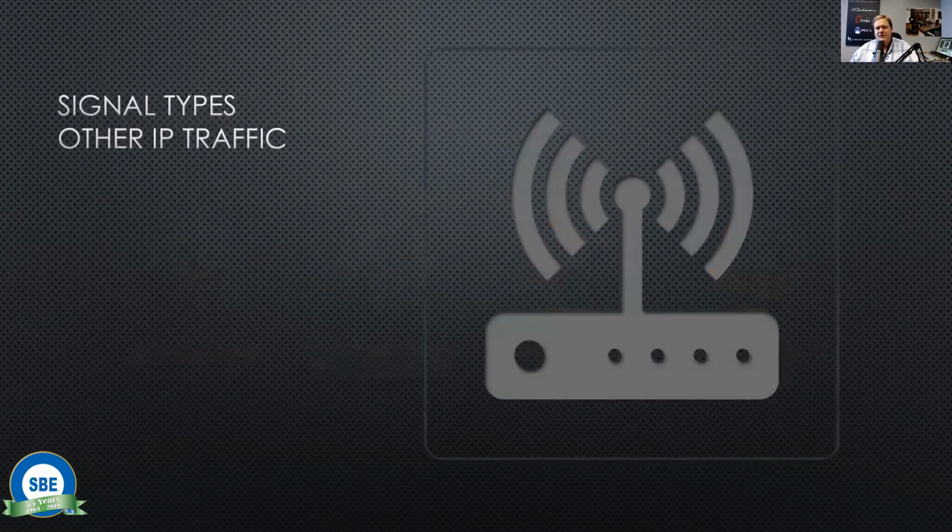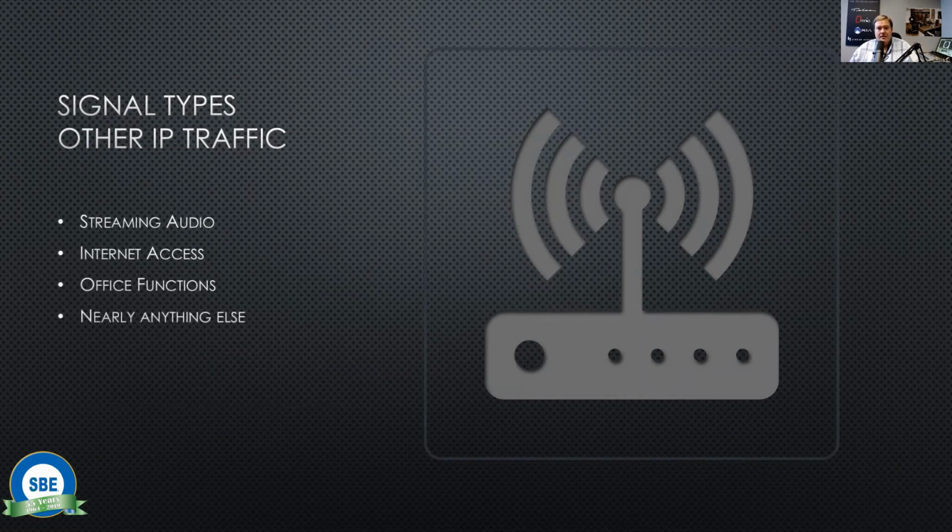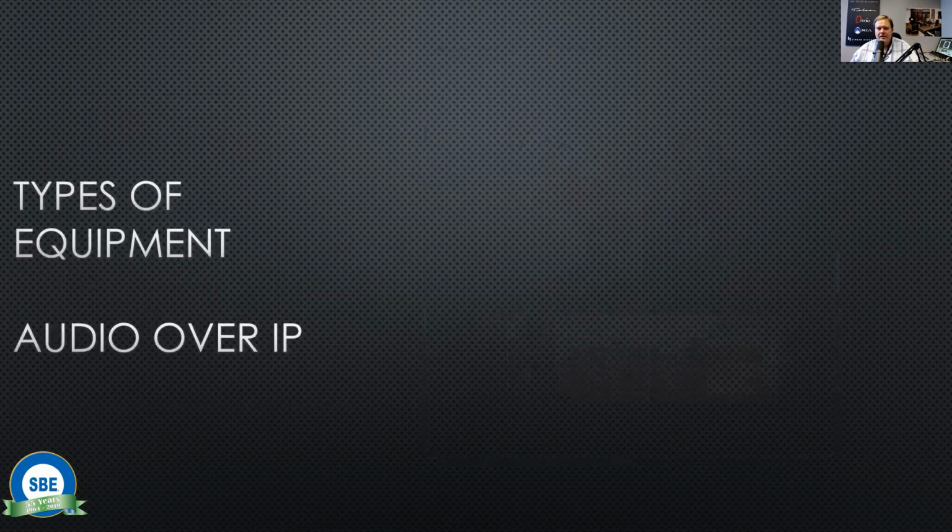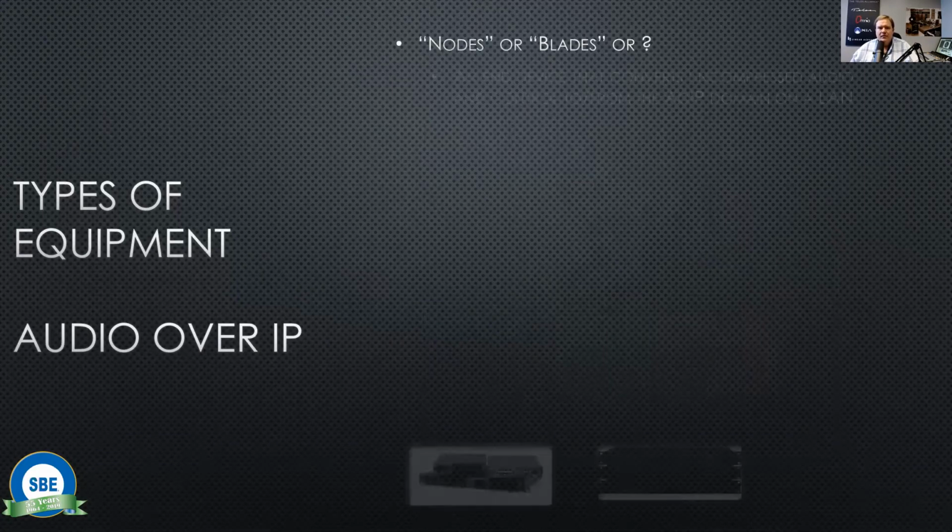Some other IP traffic that we might have running around our facility: streaming audio, internet access for the studios and for the offices, various office and administrative functions, and nearly anything else. The type of equipment that we might see for AOIP might be called a node or a blade or something else.